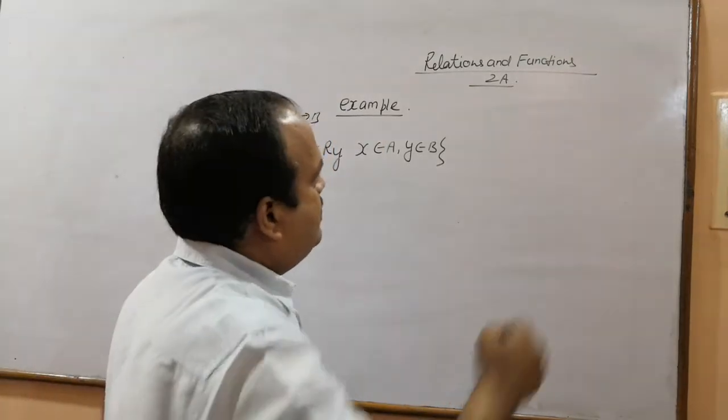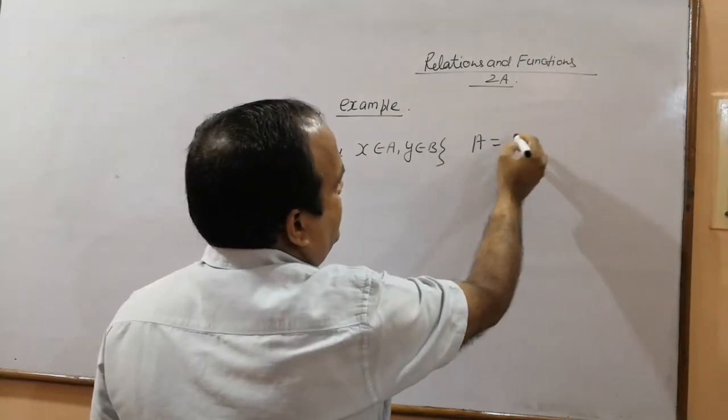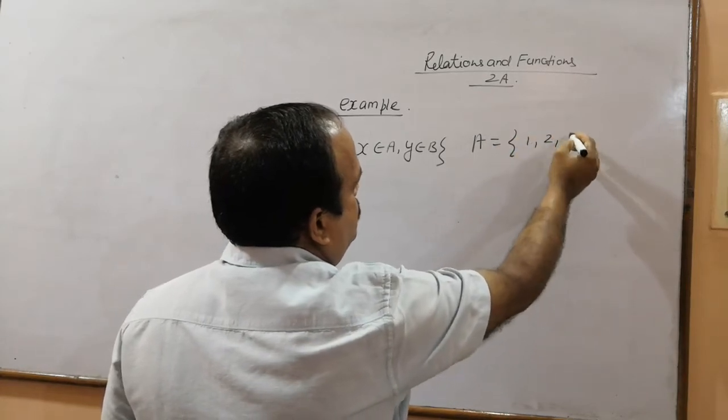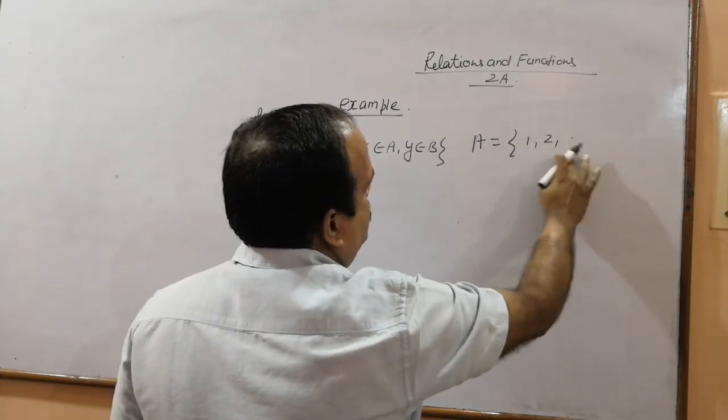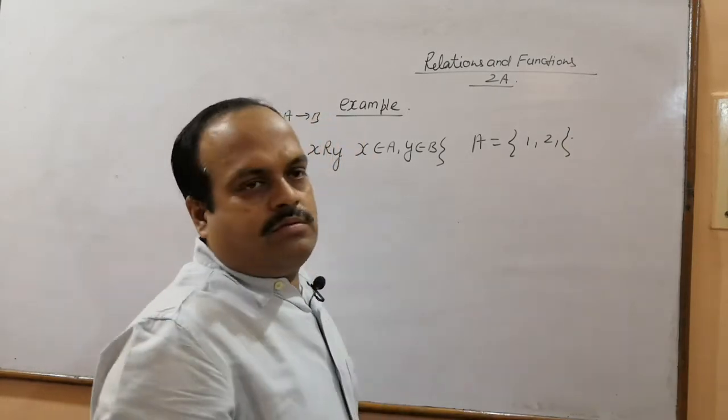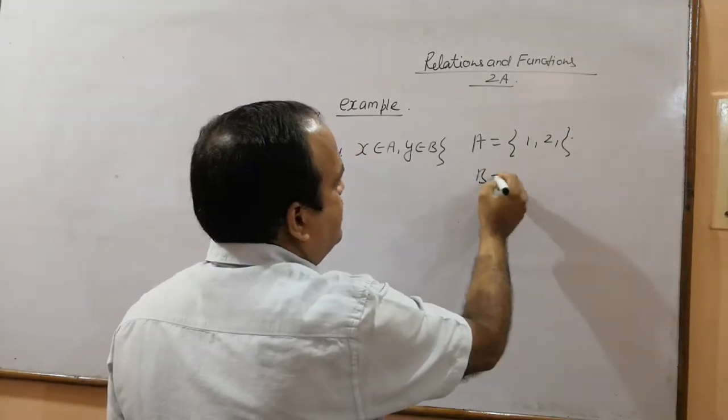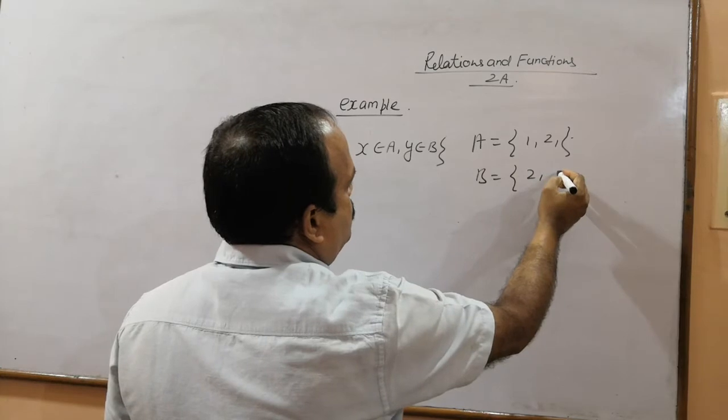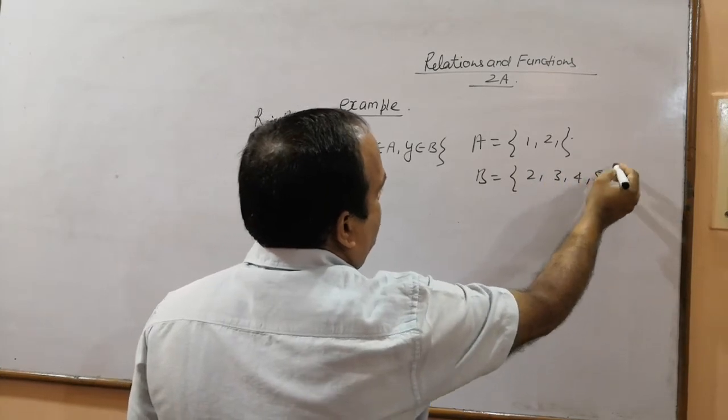Another example: set A is {1, 2}, set B is {2, 3, 4, 5}.